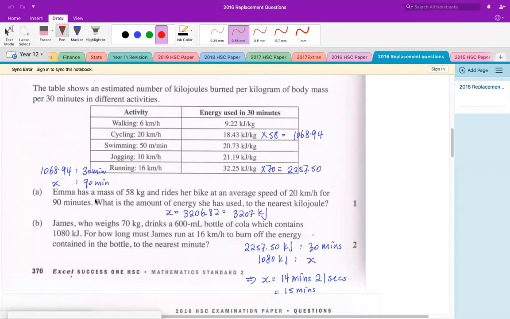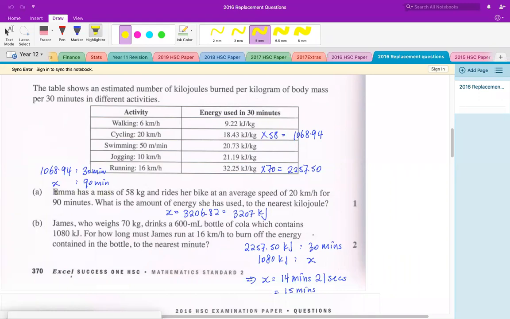So whenever you're given a unit energy expenditure table like this, you need to times the energies with the person's weight to find how much they actually use in 30 minutes, for example. So for this question, it says Emma has a mass of 58 and she rides a bike.